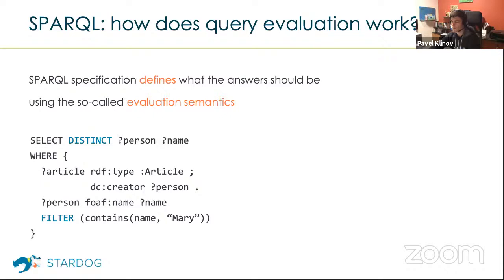What that means is, when you have a query, the specification defines what results this query should return, regardless of what implementation will run that query against your database. So you can reason about the behavior of queries and their properties irrespective of what tool is used to execute the query, which is great.